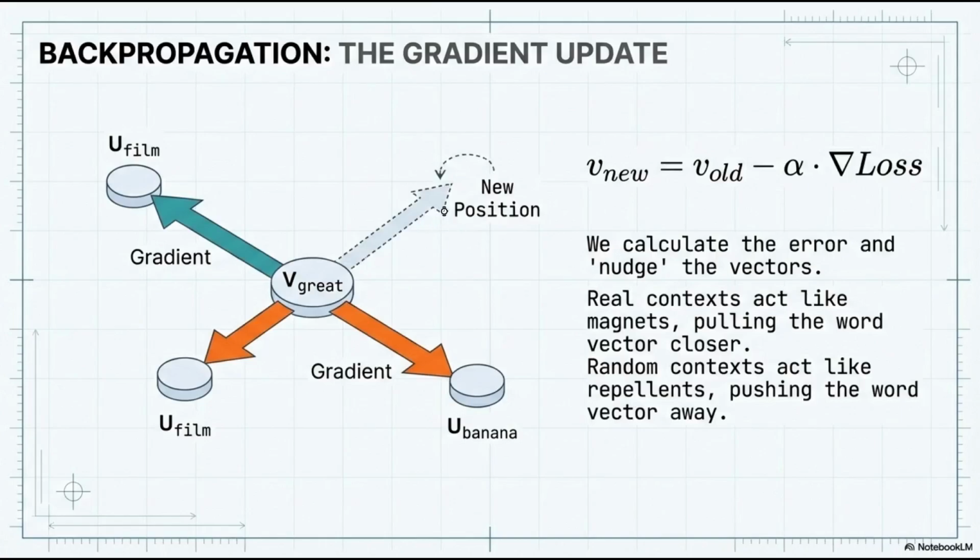The vector for great is pushed away from banana. So it should go closer to film and further away from banana. We repeat this for millions, maybe billions of sentences, and the vectors organize themselves into a beautiful map that we saw in the first part.